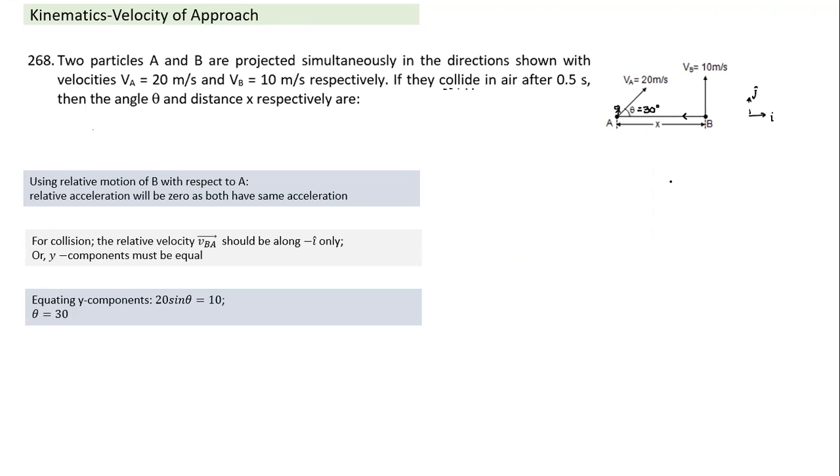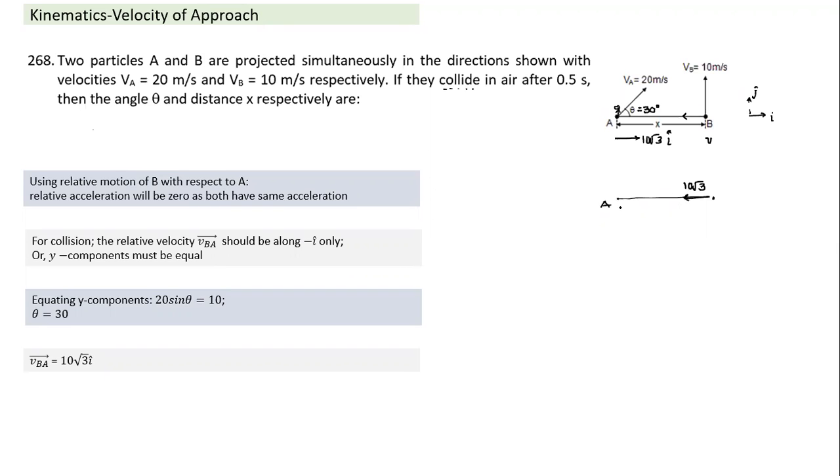How do we find x? Let me draw the figure, VBA. This is A and this is B. Y components are equal. What are the x components? This will have an x component equal to 10 root 3. VA is 10 root 3 i cap and VB in x component is 0. So what is the relative velocity of B? VB minus VA. So hence B will appear to be coming towards A with the velocity equal to 10 root 3.